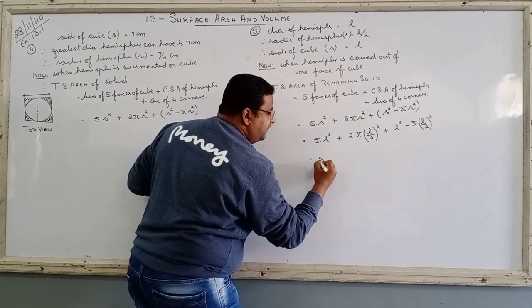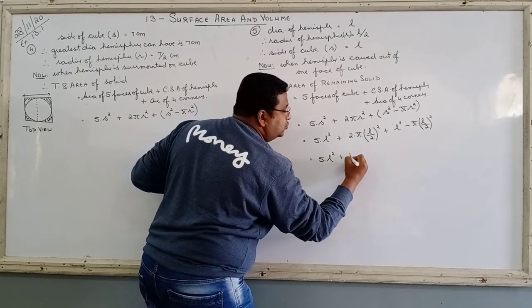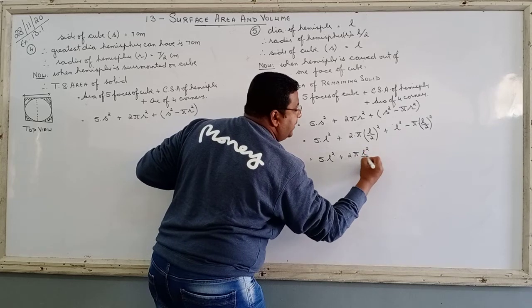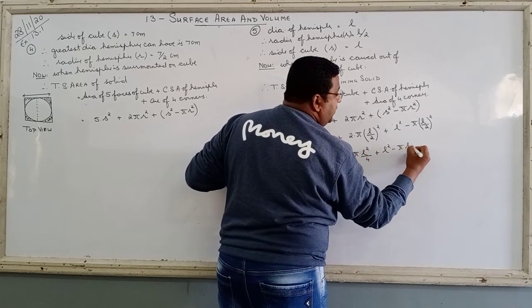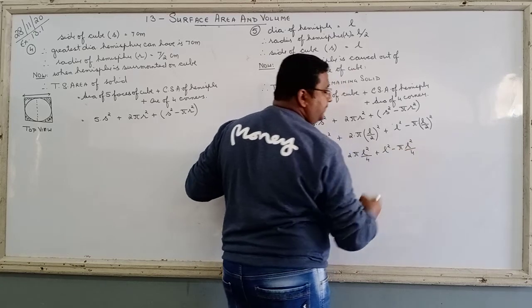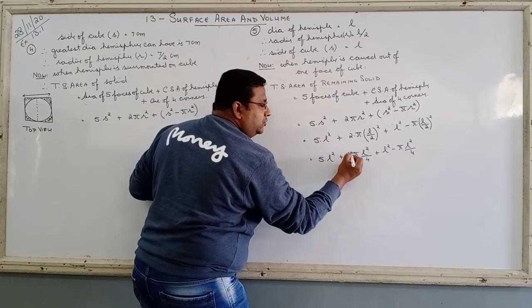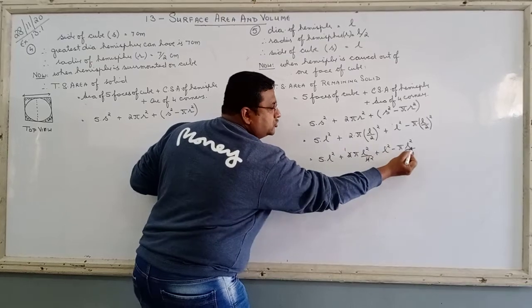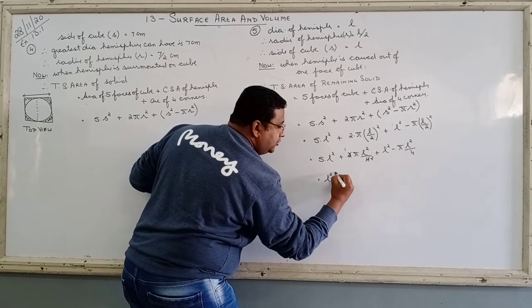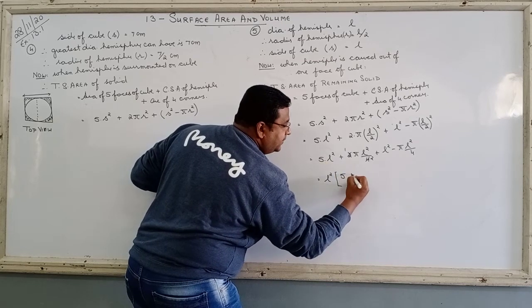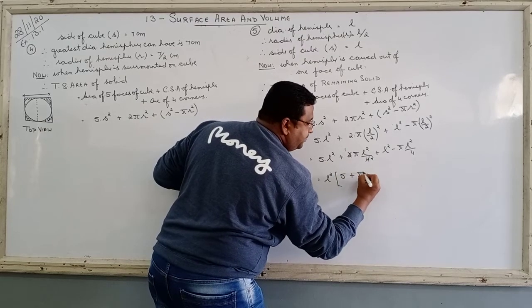Open the bracket. 5 into L square plus 2 into pi into L square by 4 plus L square minus pi into L square by 4. 2 ones are 2, 2 twos are 4. What is common? L square, L square, L square, L square. L square is common. So what is left? 5 plus pi by 2.